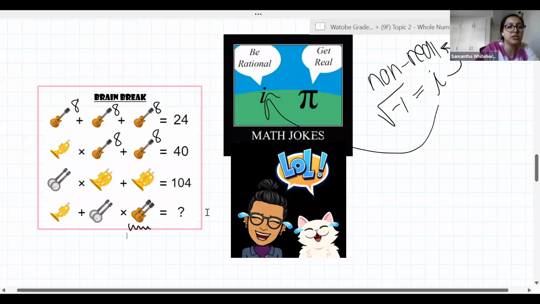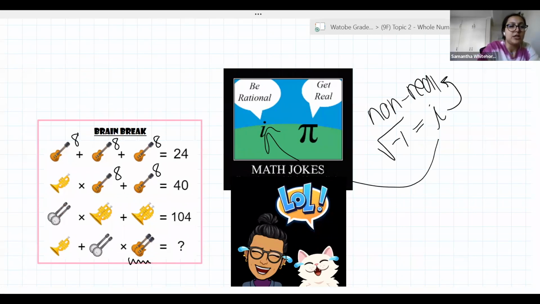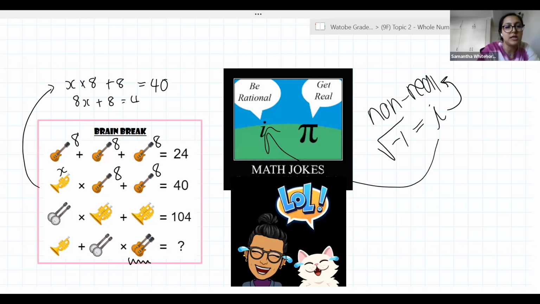Okay, so let's just double check the trumpet here. If we take this equation and we replace the trumpet with x, because that's really all we're doing, we've got x times 8 plus 8 equals 40. Now we know that x times 8 is 8x plus 8 equals 40. And so what we can do is solve the equation.